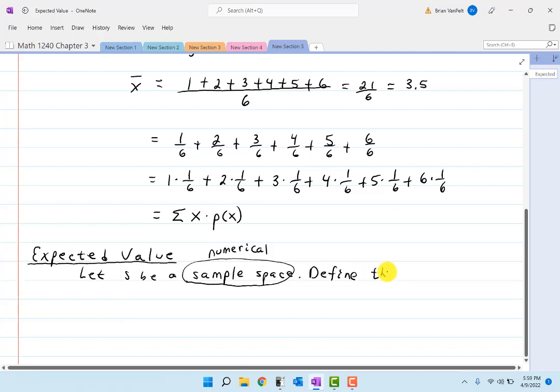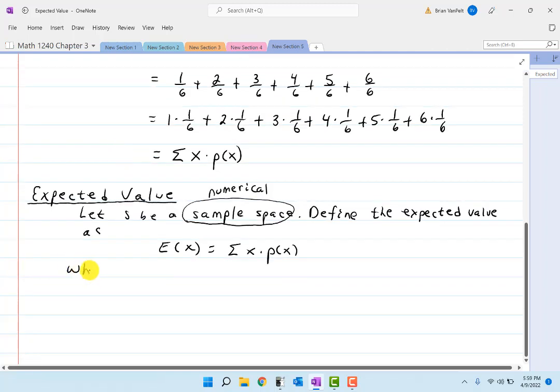Define the expected value as E of x equals the sum of x times P of x, where x ranges through all the values in S. Let me show you how this works in a little more detail.